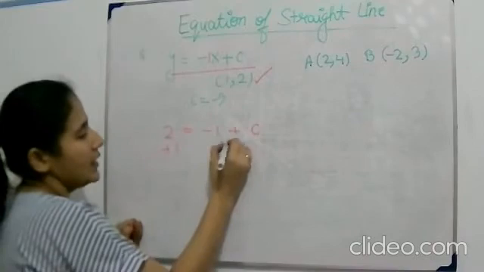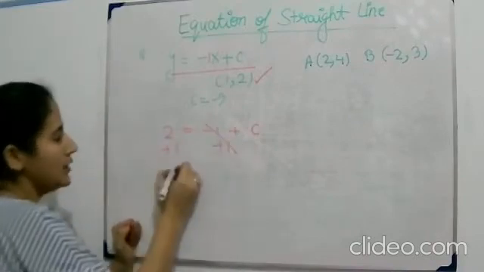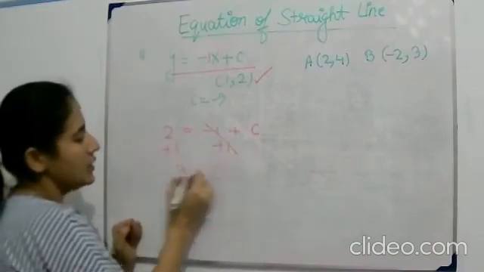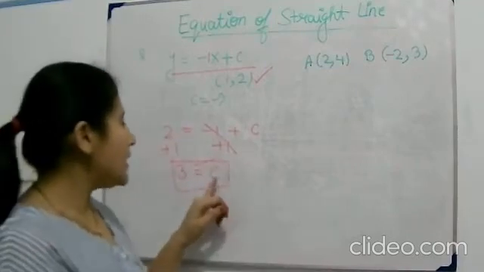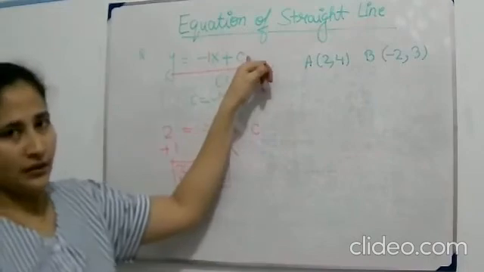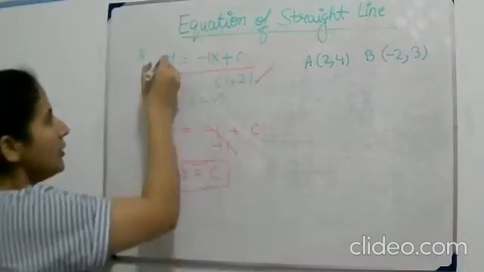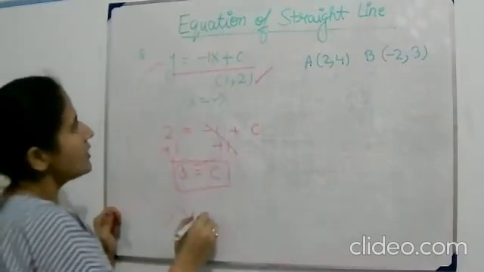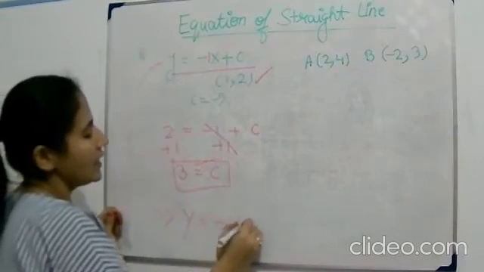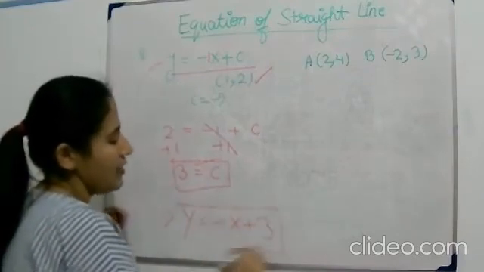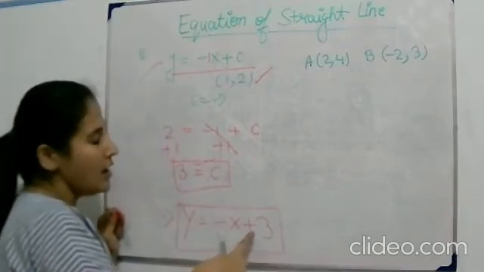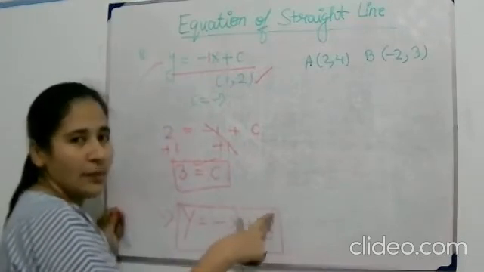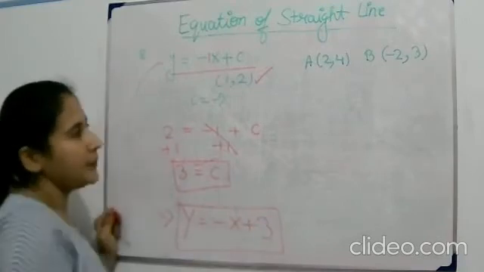Add 1 to both sides. It cancels out. 3 is equal to c. So what is the value of c? 3. That means the intercept is 3 for this equation. So what will be the equation? y is equal to minus x plus 3, where the value of m, the gradient, is minus 1, and the value of the intercept on the y-axis is 3.